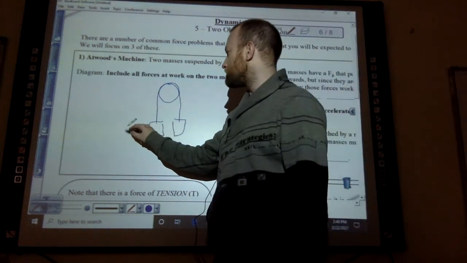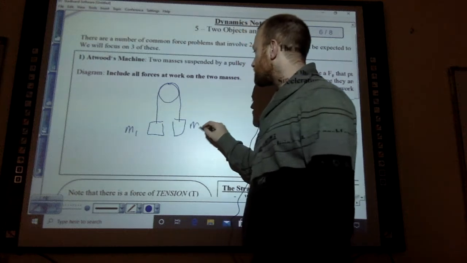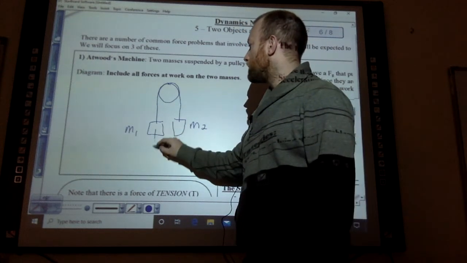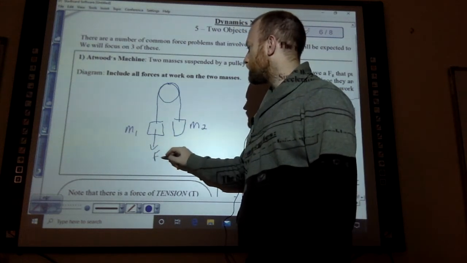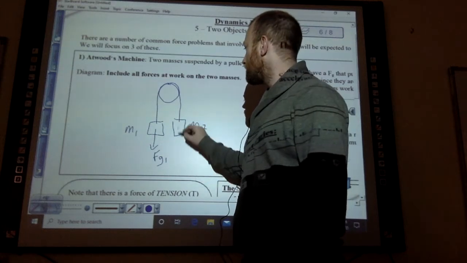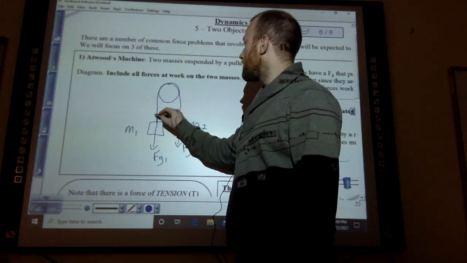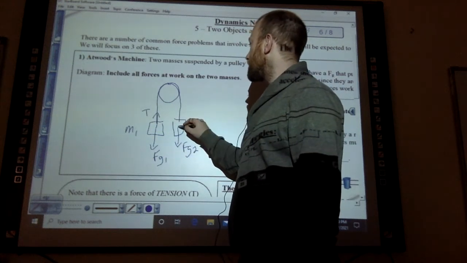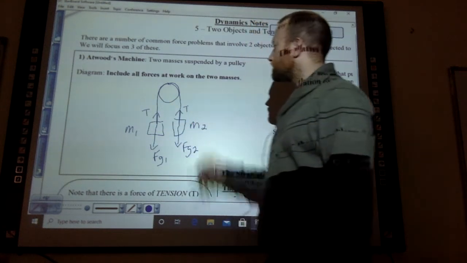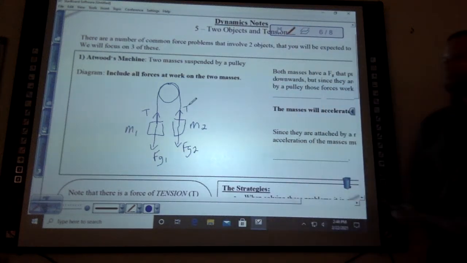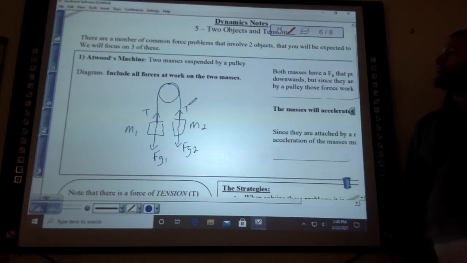So let's say this is mass 1, let's say this is mass 2. So the force of gravity on mass 1 is this way, force of gravity on mass 2 is this way, and then I've got tension applying upwards like this. So this is what this situation looks like.